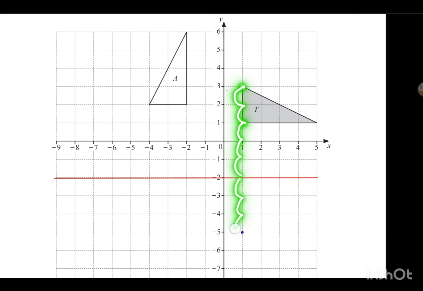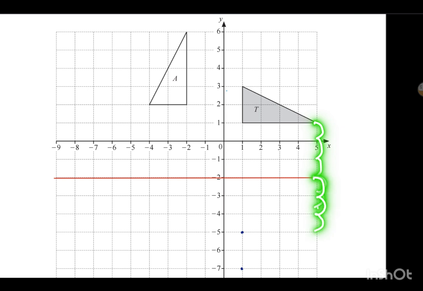So 1, 2, 3, 4, 5. The next coordinate will be this vertex of the triangle. And the next one is here, this one. So it is also 1, 2, 3. This is the third vertex of the triangle.